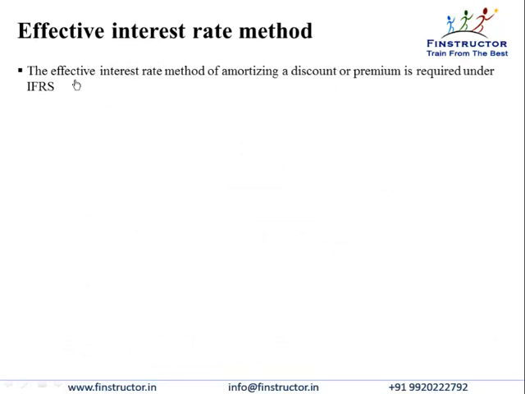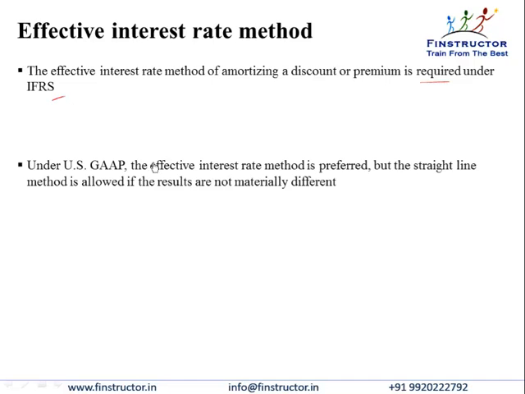So the effective interest rate method of amortizing a discount or premium is mandated under IFRS. Under US GAAP also, generally it is used and preferred, but you can do the amortization using a straight line method also if the results are not materially different from the amortization that we've just described.